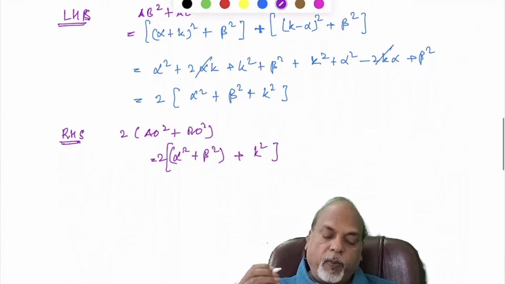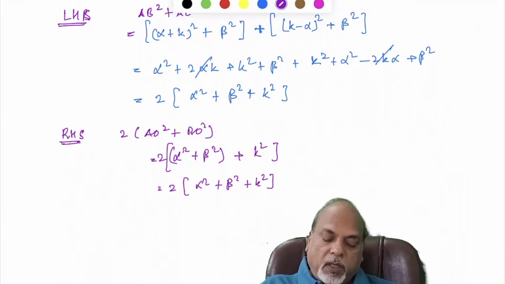Correct? That means this is 2 alpha square plus beta square plus k square. That means left hand side is equal to right hand side.